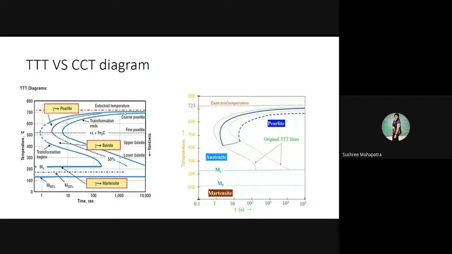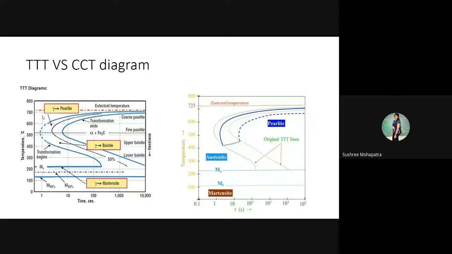And you just remember this diagram. This is the first curve. This blue curve, you can see, is the first blue curve. And this is the second blue curve in the TTT diagram. The first blue curve shows the transformation start temperature. And this one is the transformation finish or transformation end temperature.